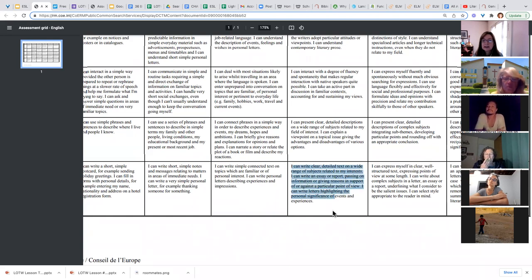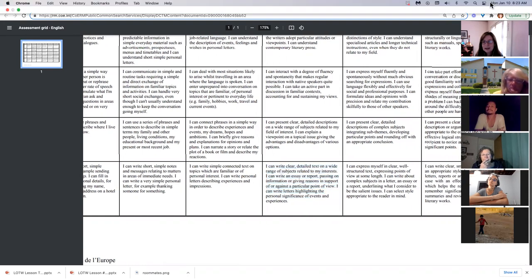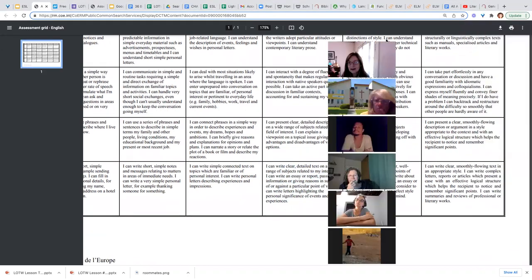They can write clear, detailed text on a wide range of subjects. They can write essays and reports, giving reasons in support or against a particular point of view, letters highlighting personal experiences.